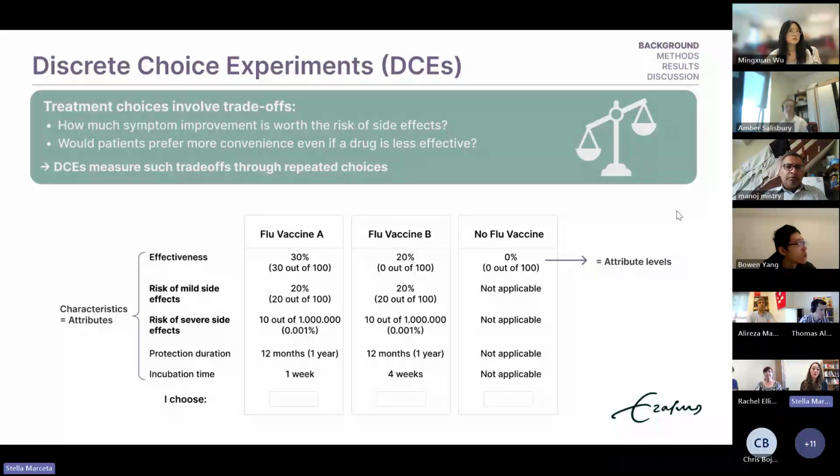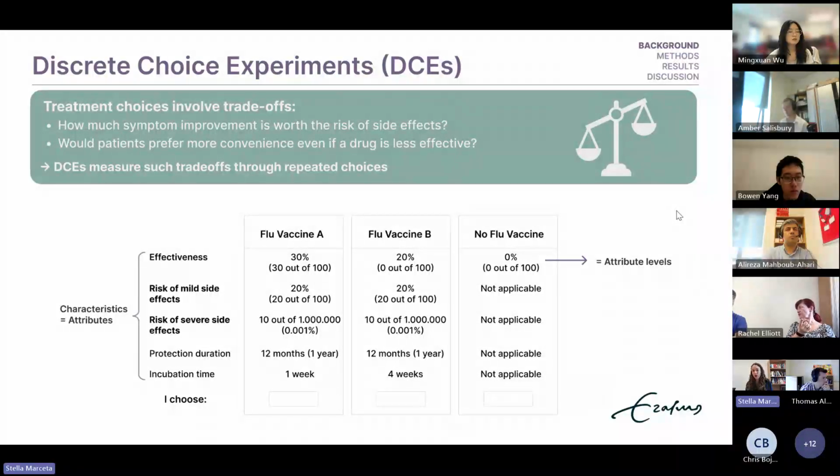It involves quite a bunch of trade-offs. Think about how much symptom improvement is worth the risk of side effects, or would patients prefer more convenience even if the drug is less effective? DCEs can capture such trade-offs by presenting repeated choice tasks to patients and inferring their preferences from these different choices.